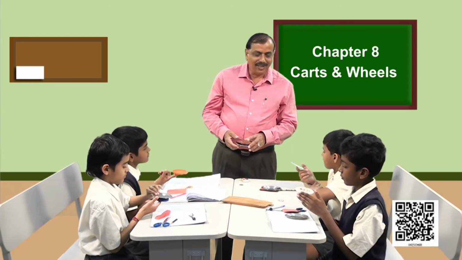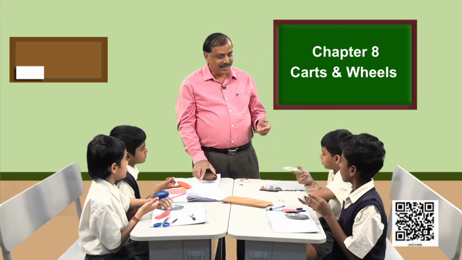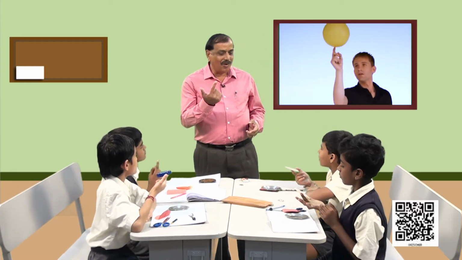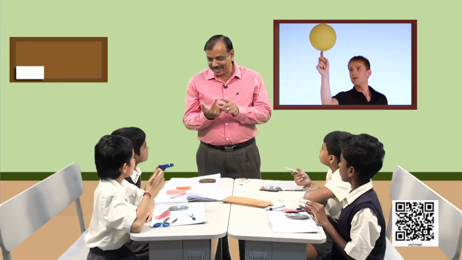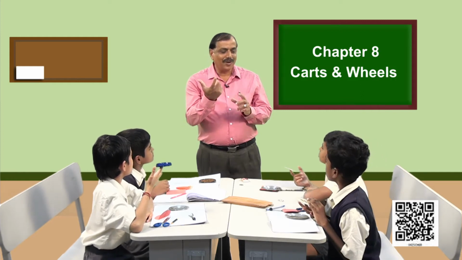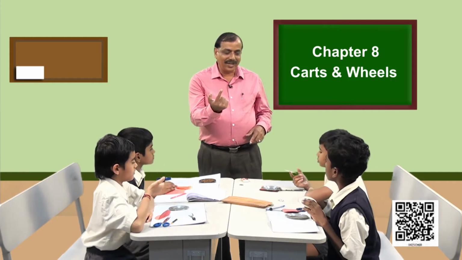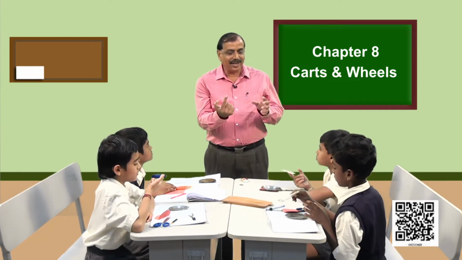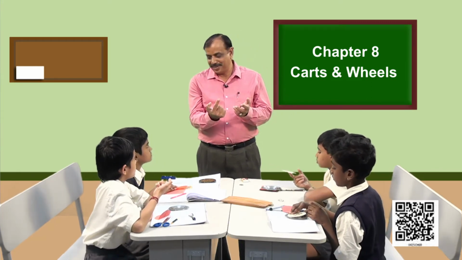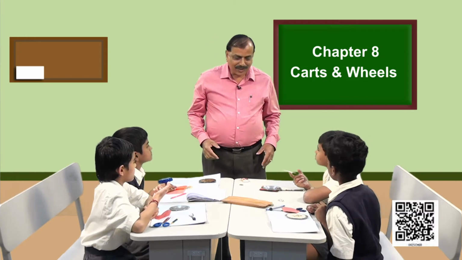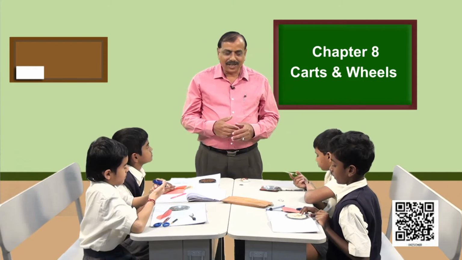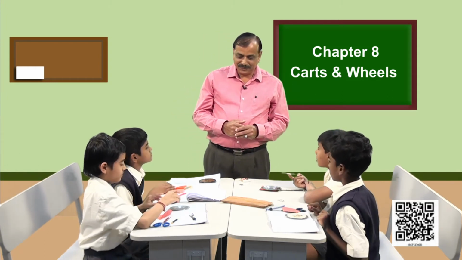You might have seen many football players, volleyball players and basketball players spinning the balls on their fingers. So, for every round object, if you are able to locate its central point and balance it and spin it, it spins. Okay. So, you can do this activity by taking different objects at your home. Okay.